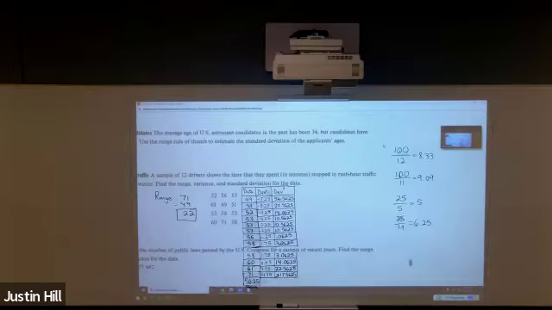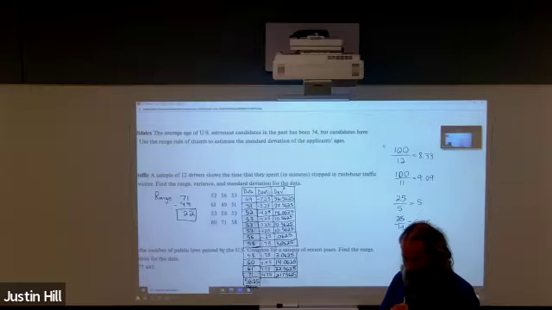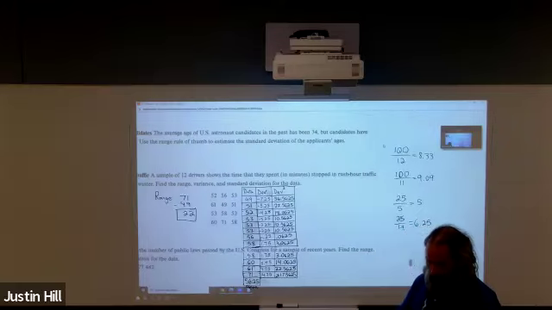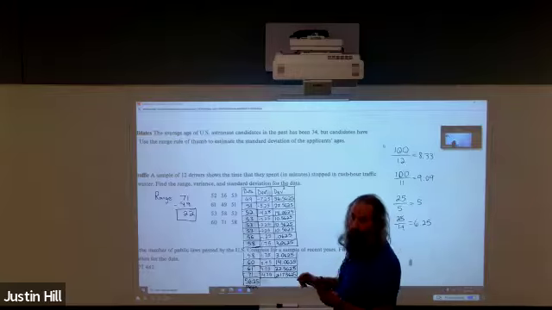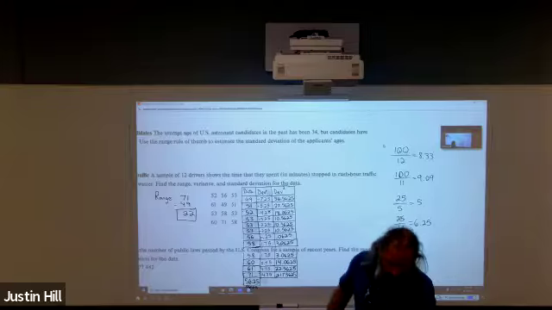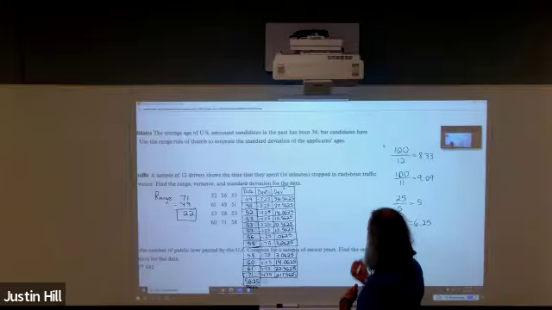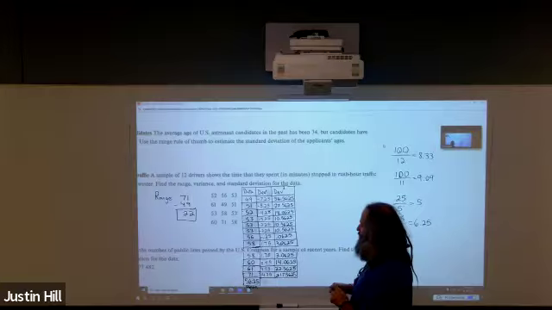When I add these all up, I get 394.25. Hopefully you got that when you add them up, and then we're going to divide that by 11. What I'm getting is 35.85.